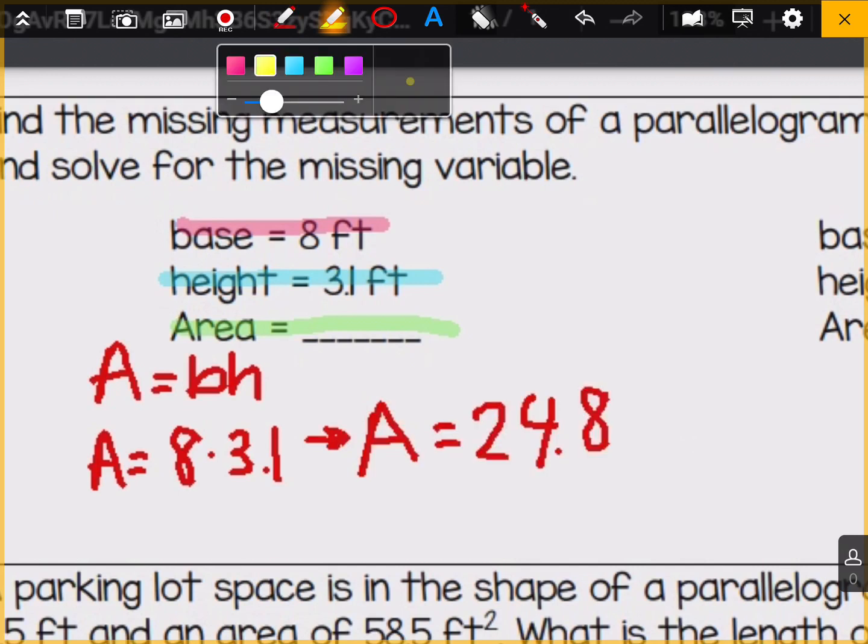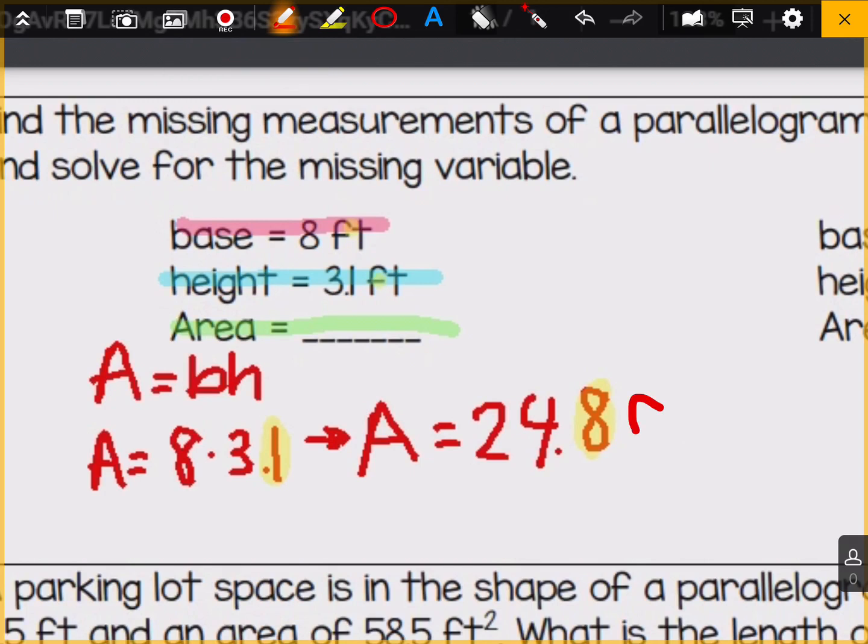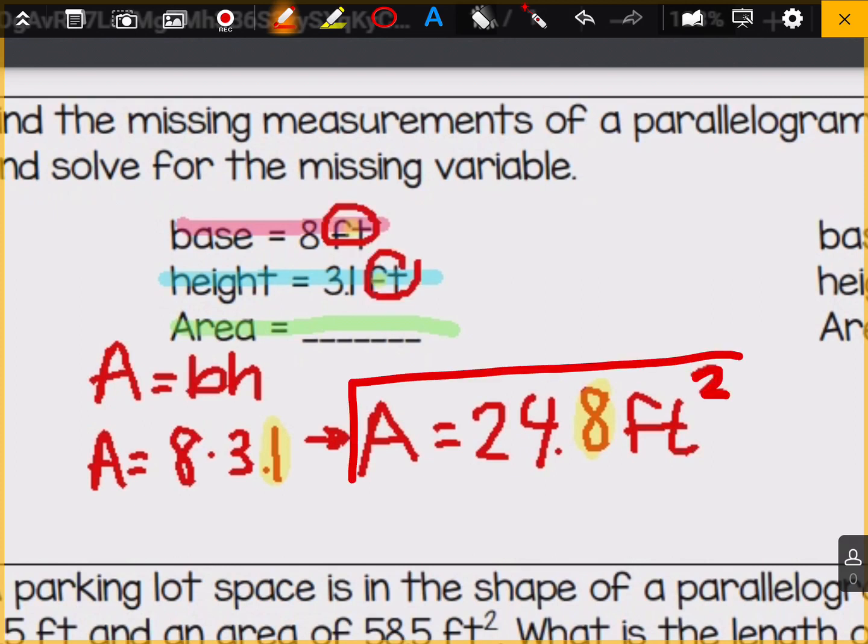Again, there was one number behind the decimal in the question, so there must be one number behind the decimal in the answer. The measurement that they were using was feet, so we're going to make sure that we note that this is feet. And because it was the area, we multiplied two sets of feet together. We're going to put this squared. So the answer for this example is area equals 24.8 feet squared.